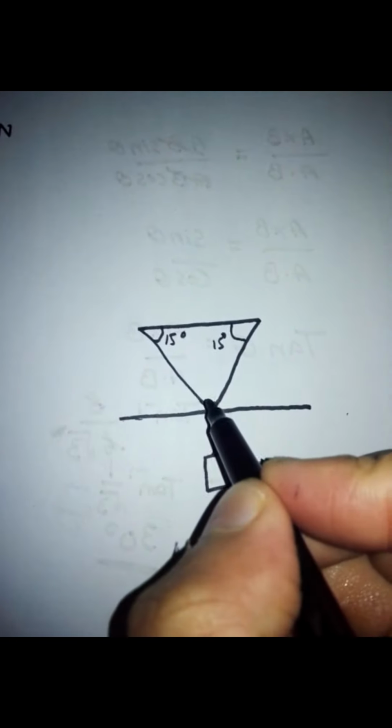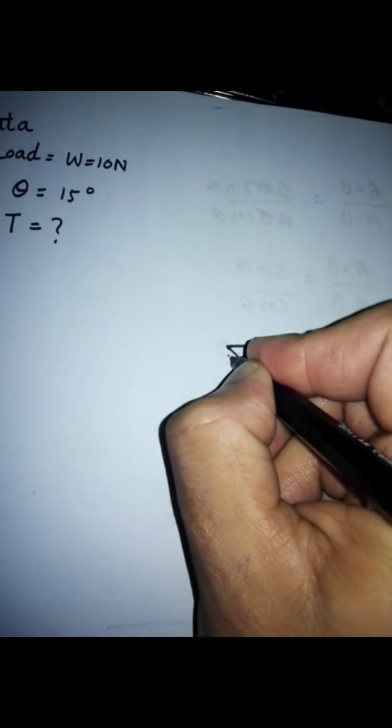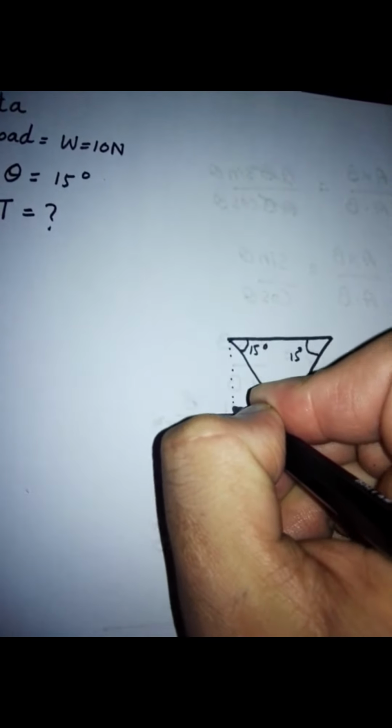Now from geometry we know that this angle is equals to this angle. So now we will divide this force into its components. So this force will act upwards because it's a tension.